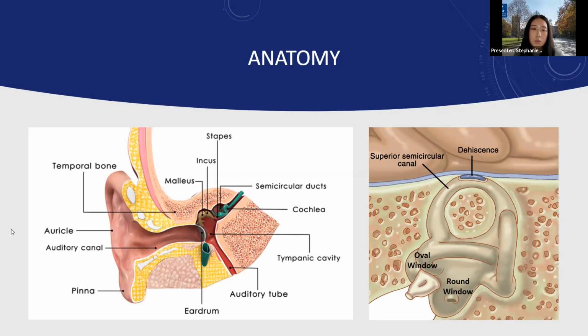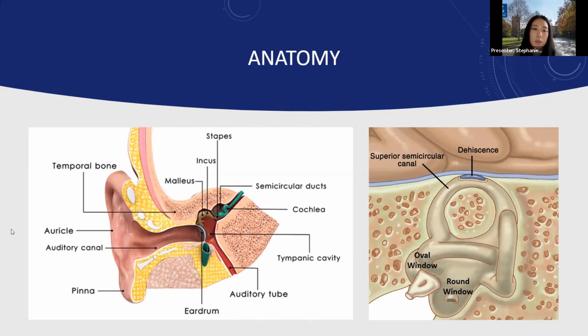The abnormal opening is typically in the temporal bone in the vast majority of cases. The inner ear is also fluid filled and is almost completely encased in rigid bone. There are areas in the inner ear where there are compliant windows, and these compliant windows connect to the middle ear or the cranial cavity.